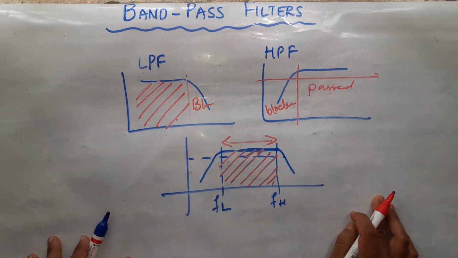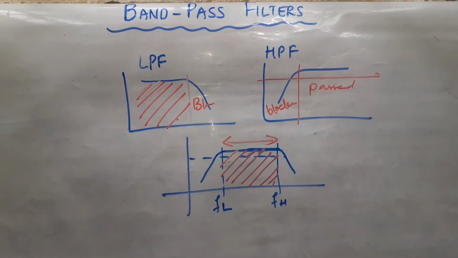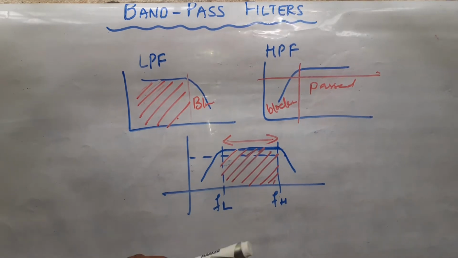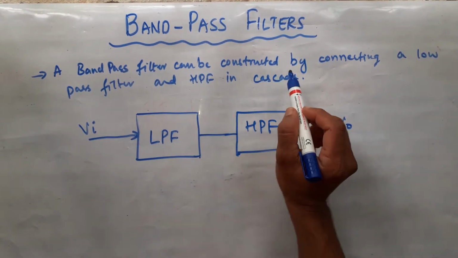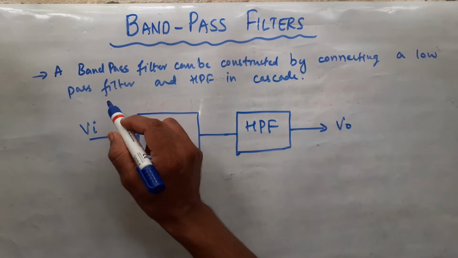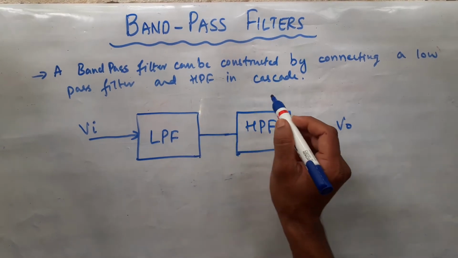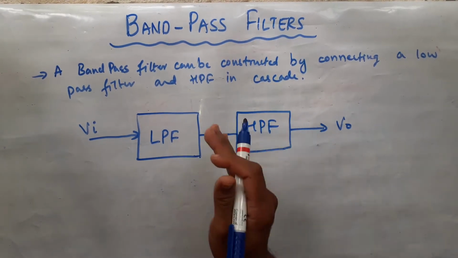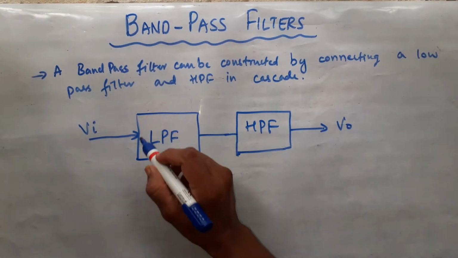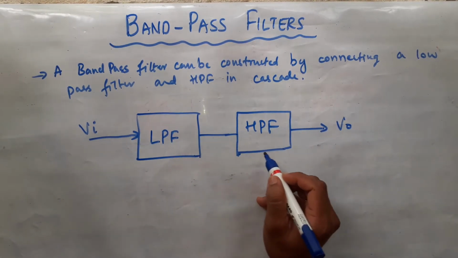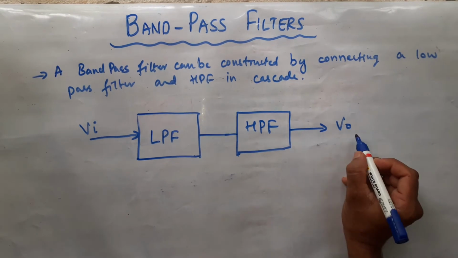Okay. So let us see how it works by having a circuit. You see here, a band pass filter can be constructed by connecting a low pass filter and a high pass filter in cascade. Cascade means back to back, one after the other. So here input is applied to a low pass filter, then its output is given to a high pass filter, then you will be getting your final output.